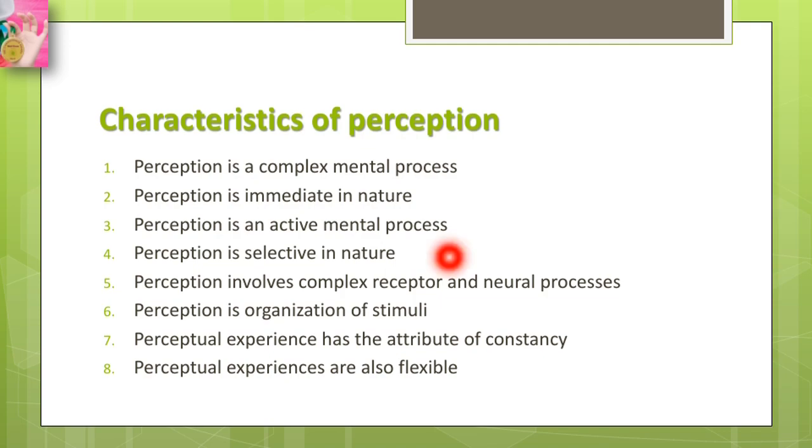And then the fifth one is that perception involves complex receptors and neural processes. We perceive what we sense, and sensing of objects follows a sensory channel consisting of receptor organs and afferent nerve fibers that transmit the neural energy to the sensory area in the cortex.